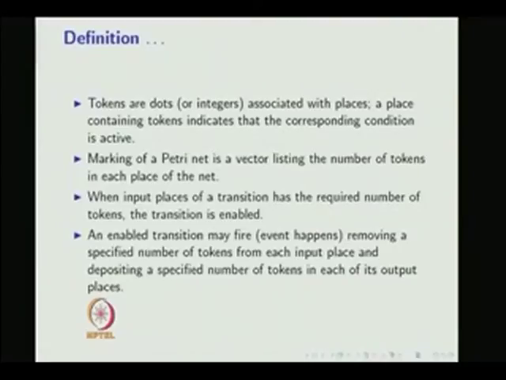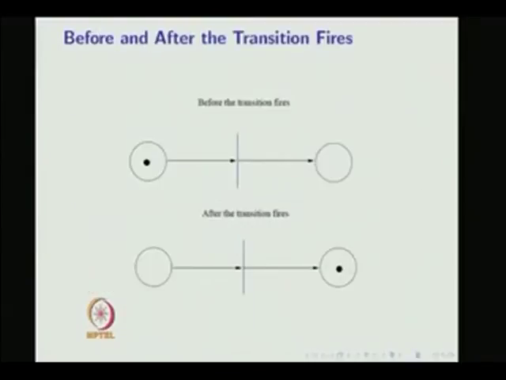An enabled transition may fire, the event happens, removing a specified number of tokens from each input place and depositing a specified number of tokens in each of its output places. In the same example, before the transition fires, there is one token in the input place and no token in the output place. Whenever there is a token in the input place, the condition is active.